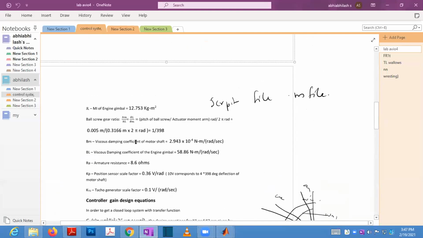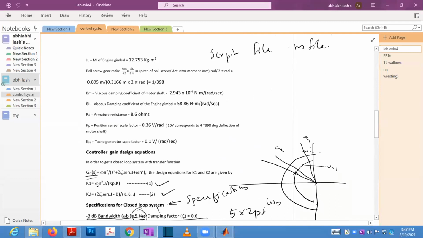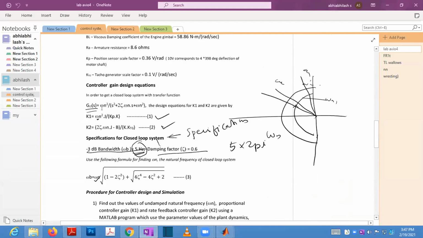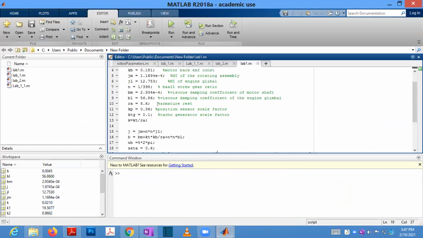First of all, you enter these parameter values from KT to KTG. Then you enter J and B and K, and then K1, K2 and omega B, these things are done here.